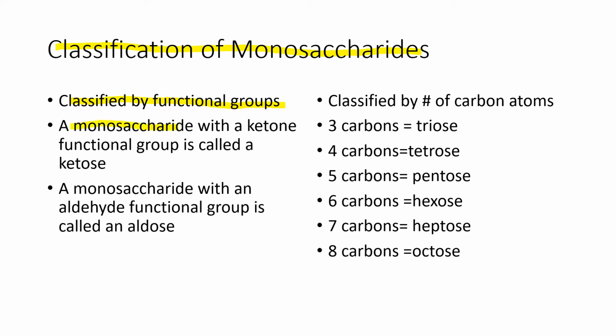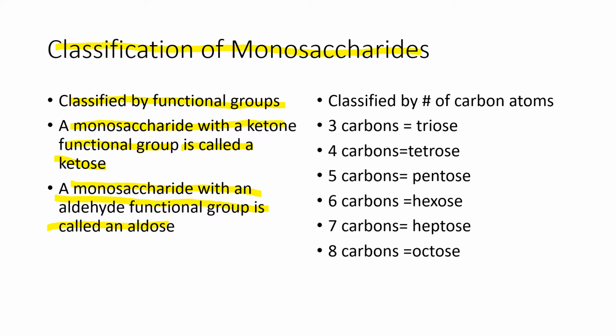A monosaccharide with a ketone functional group we're going to call a ketose. A monosaccharide with an aldehyde functional group we're going to call an aldose. So it's either ketoses or aldoses based upon which of those two functional groups they possess.